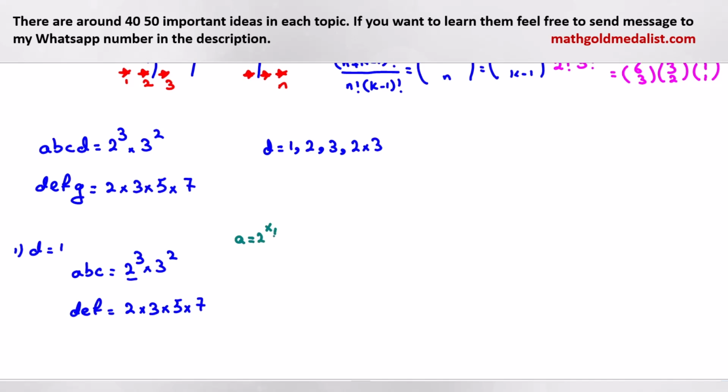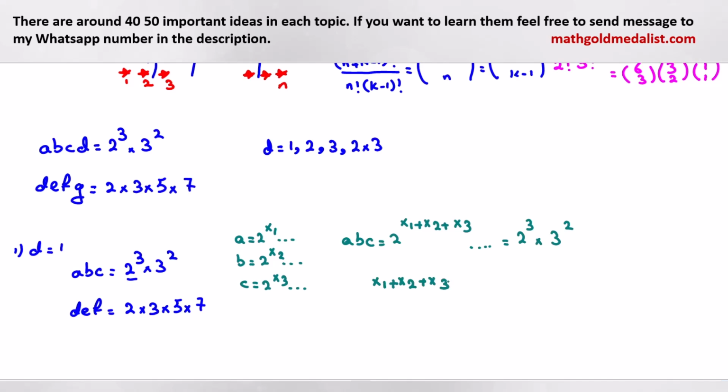A is 2 to the x1 times something, B is 2 to the x2 times something, C is 2 to the x3 times something. When we multiply, in ABC we have 2 to the x1 plus x2 plus x3 times something, which is equal to 2 cubed times 3 squared. And then we can say x1 plus x2 plus x3 is equal to 3.